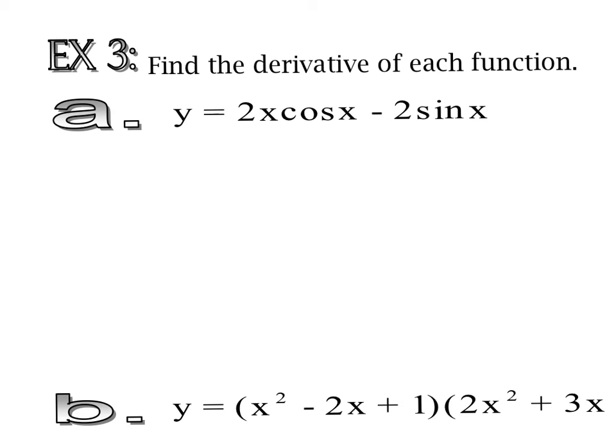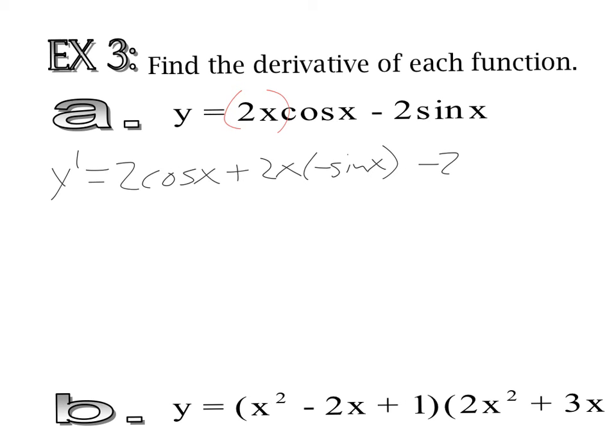So let's do this first, and I'm going to treat the 2x as my first term. So that means the derivative of the first is just 2 times cosine x plus 2x. The derivative of cosine x, remember, is negative sine x. And then I'm going to leave that negative 2 out front.